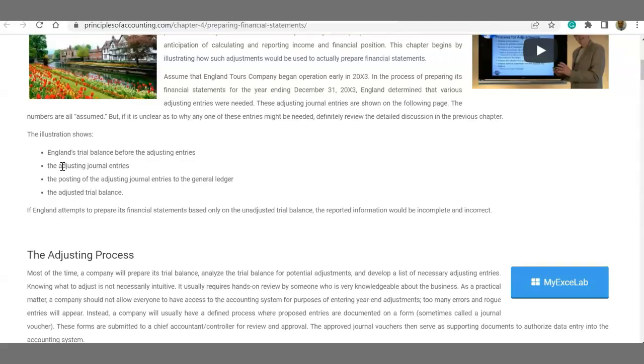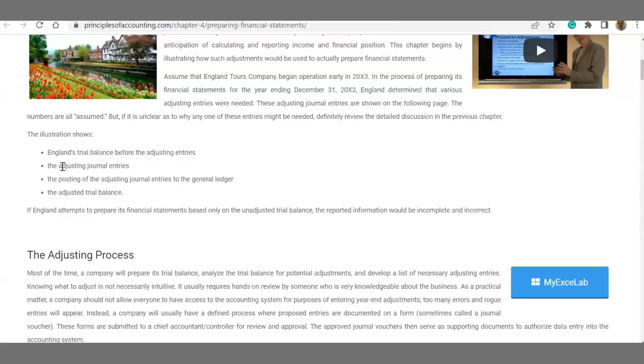Those adjusting journal entries normally come from your worksheet. The worksheet is where you identify specific accounts that need to be adjusted and how much needs to be adjusted. And also in the worksheet, you will have a preview of your income statement and balance sheet.